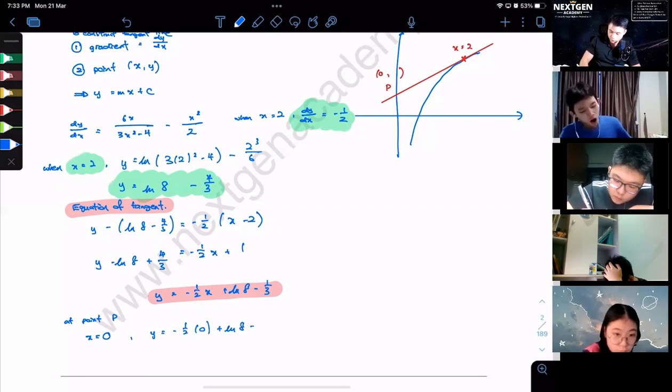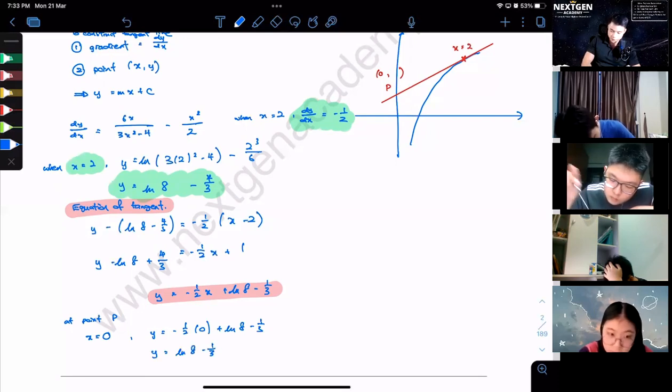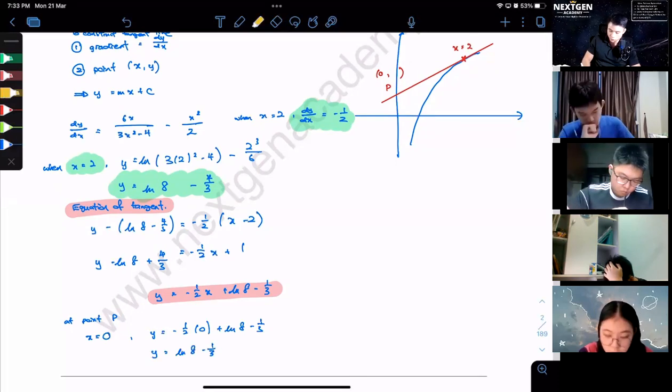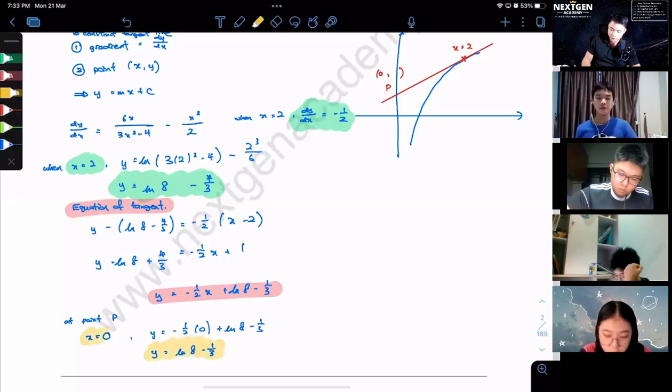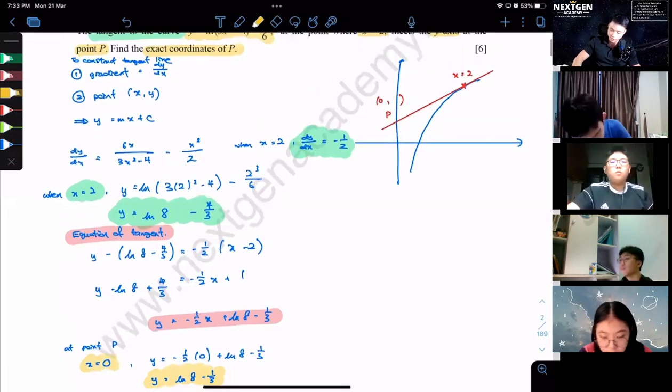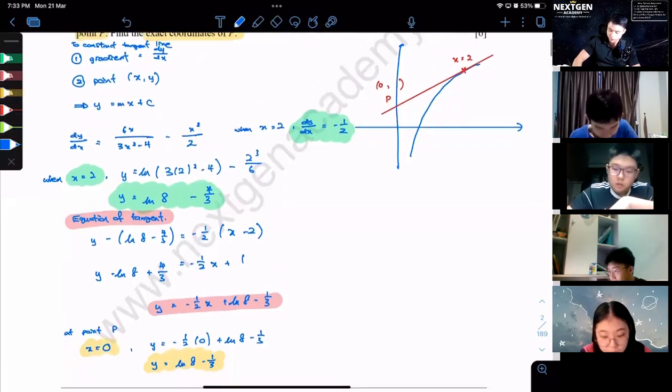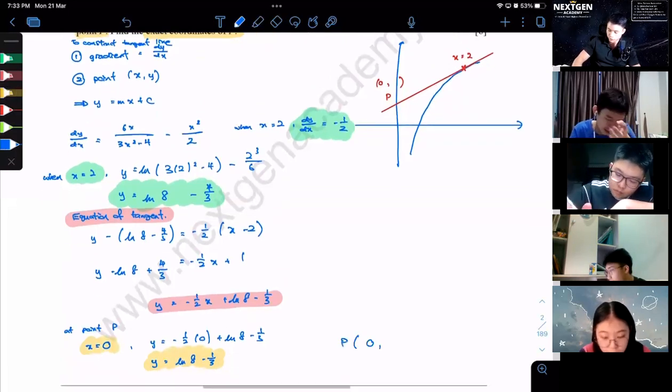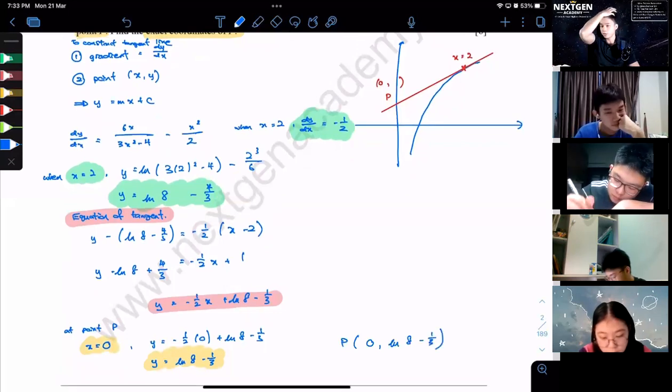Therefore, my y value will be ln 8 minus 1 over 3 at point P. They say they want exact coordinates of point P, so make sure you express it like this: 0, ln 8 minus 1 over 3.